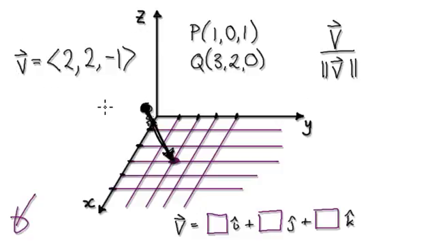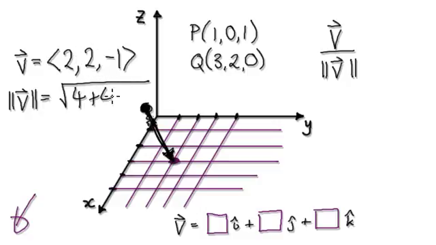Now we need to divide it by its magnitude. So its magnitude will be the square root of this squared, which will be 4, plus this squared, which will be 4, and then this squared, which will be 1.